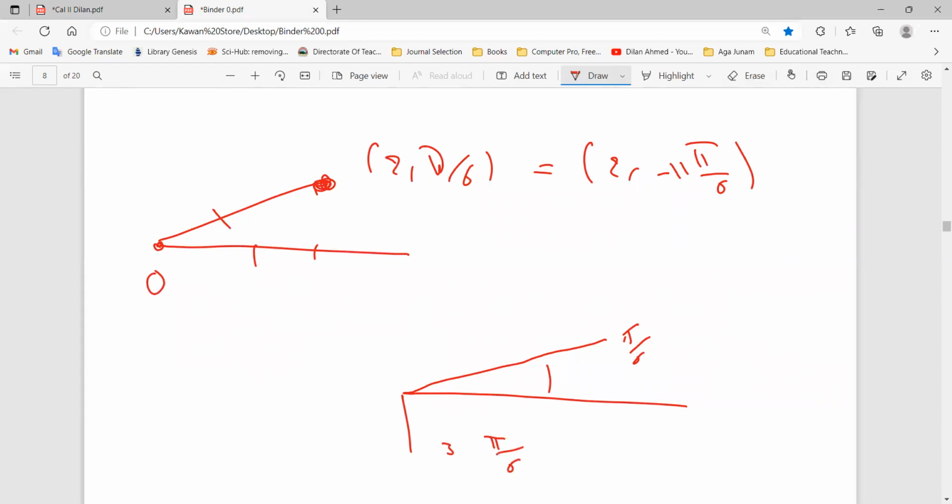Am I right? By minus, or we can say plus. Let me go by the plus side. So this is pi over 6. How about here? How many pi over 6? 3, right? 3 pi over 6. I will get pi over 2. Again, so good.